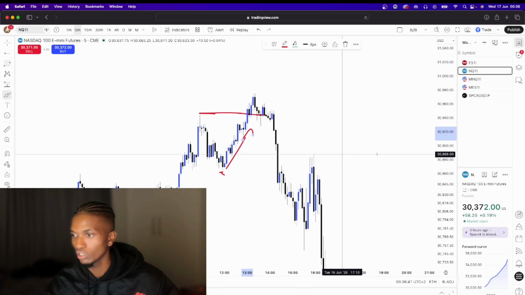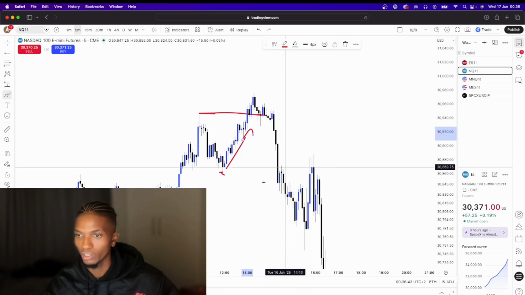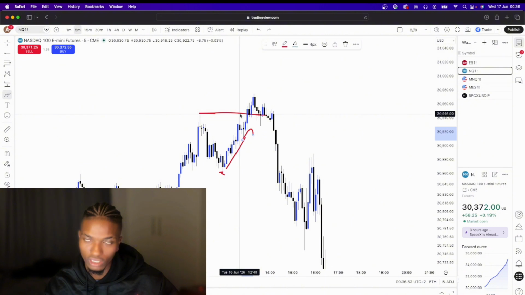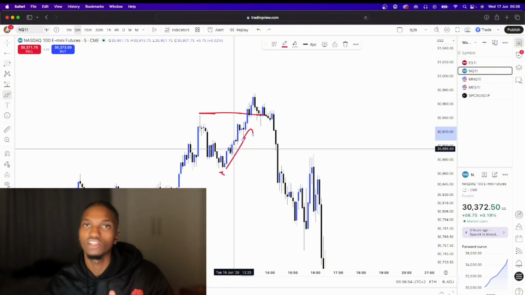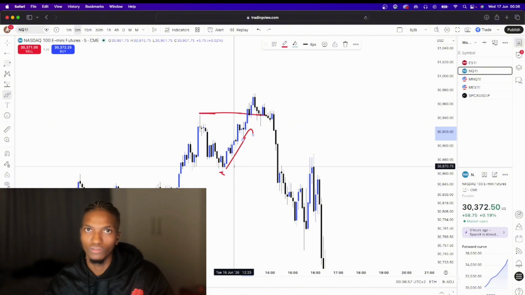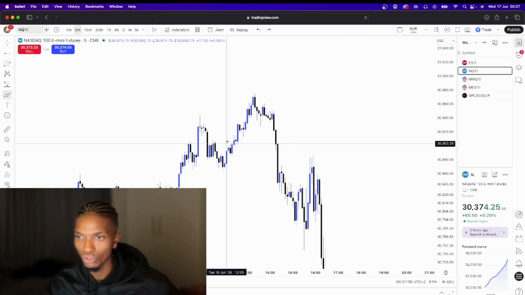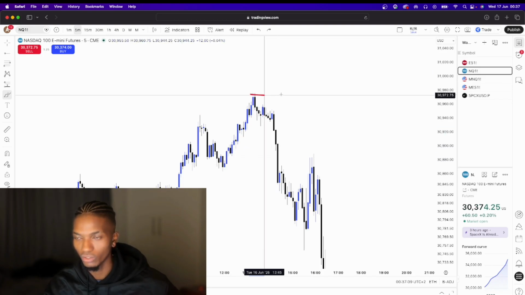From this, if you look here, check the price. You would have bought at $30,865, and then you would have sold at $30,946. So your profit in this case would have been 100 USD. So again, let's say you sold Nasdaq down here.